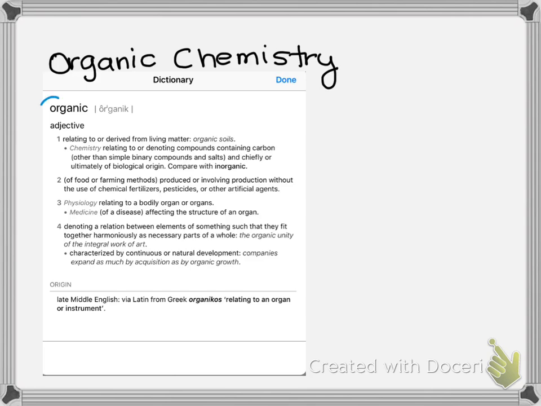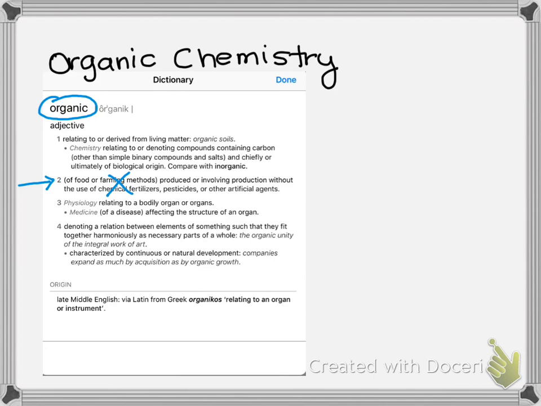Now, if I ask you to define organic, you may come up with a definition that is not related to organic chemistry. You might come up with definition 2. If you're talking about food and farming method, produced or involving the production without the use of chemicals. Not organic chemistry.